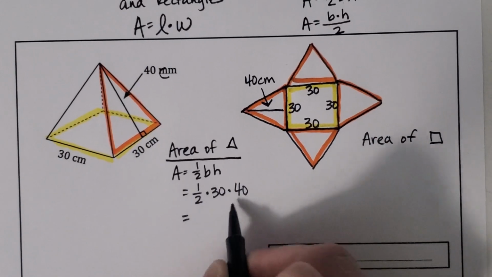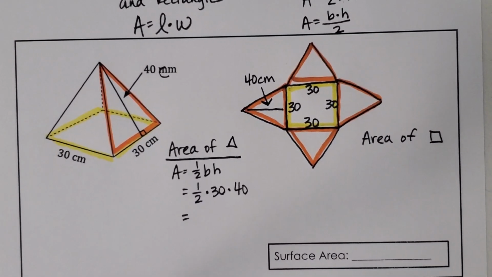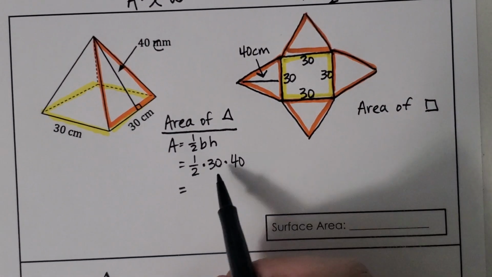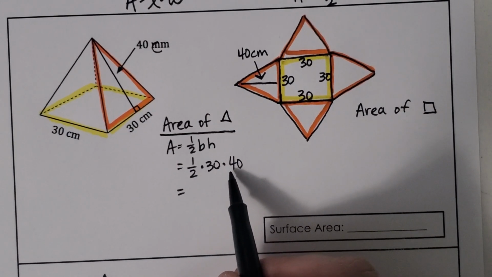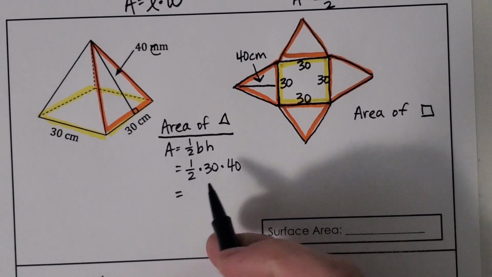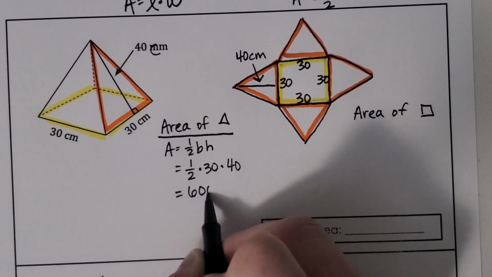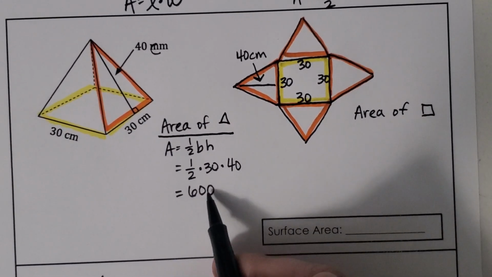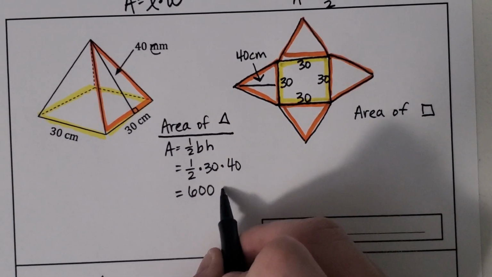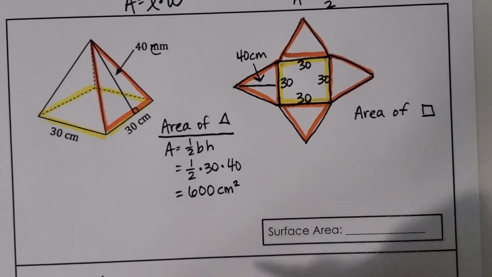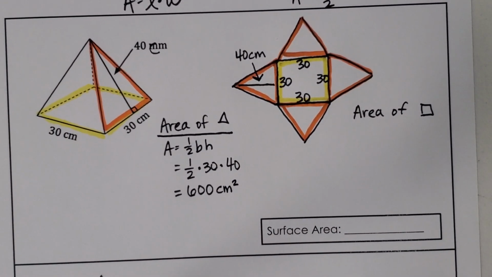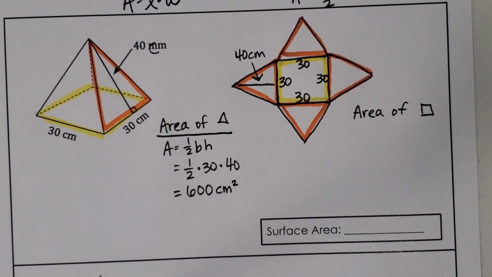So I can use a calculator. I can multiply all those out. I know that 30 times 40 would be 1200 times 1/2 would be 600. So I know that the area of that triangle is going to be 600 centimeters squared, because anytime I'm dealing with centimeters or area, I'm dealing with squared.